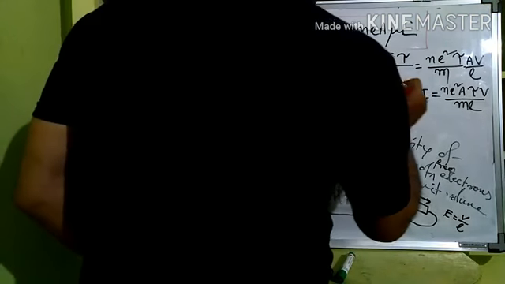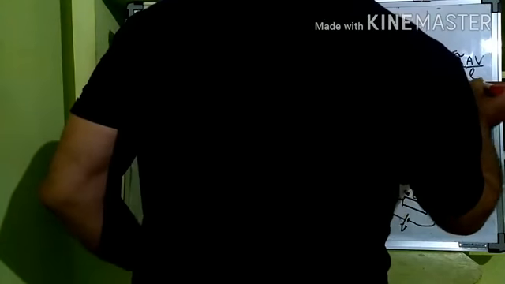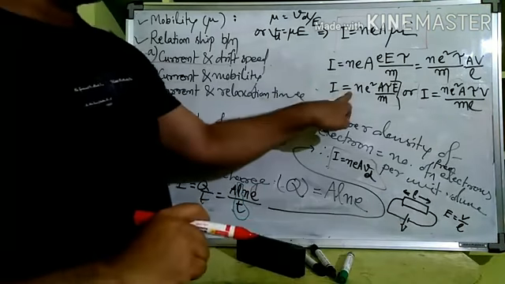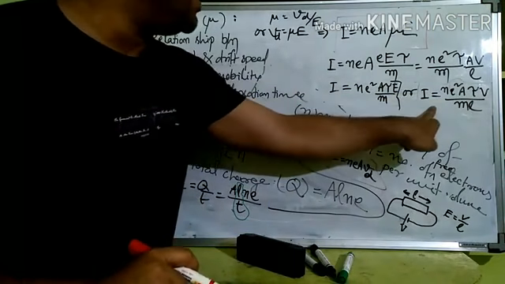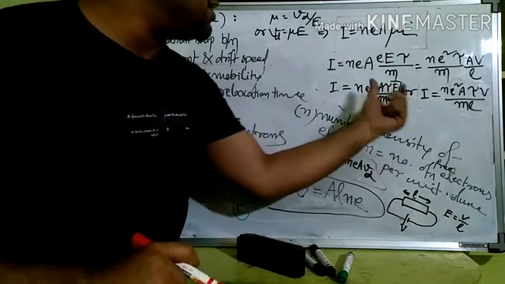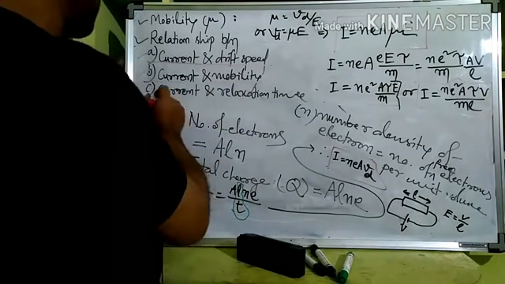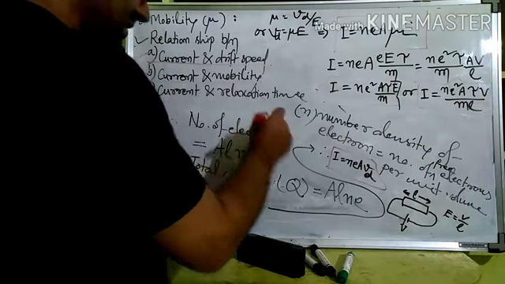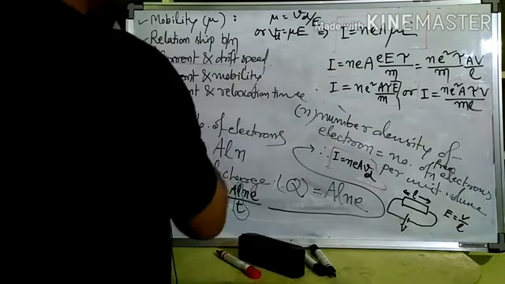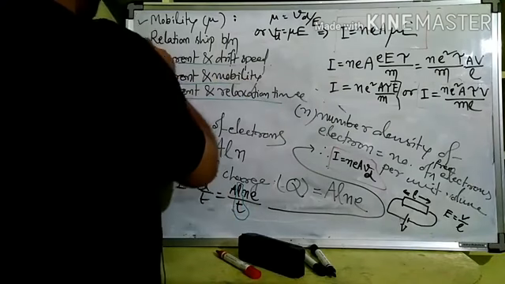We can use this also, that also, depending on the question numerical, what is given. If V is given, we will put this formula. If E is given, we will use this. If A is given, we will use this. But in both these relations, tau is present. So this is basically the relationship between current and relaxation time, right?